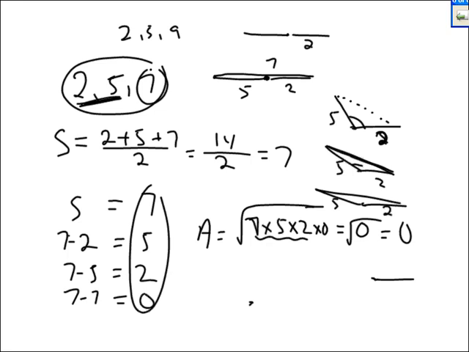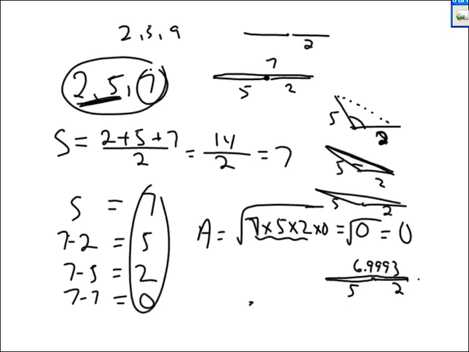And as you get really, really close to 180 degrees, maybe 179.9 degrees, this is 2, this is 5, this third side would be 6.9993. Get really close. It can never be 7 or more.